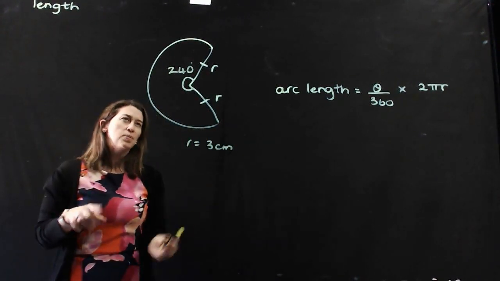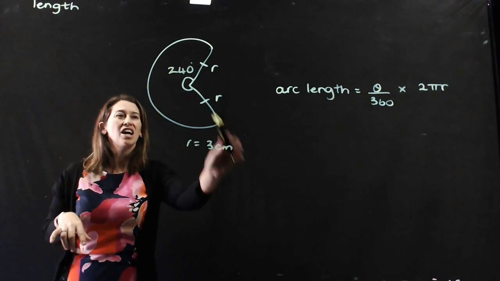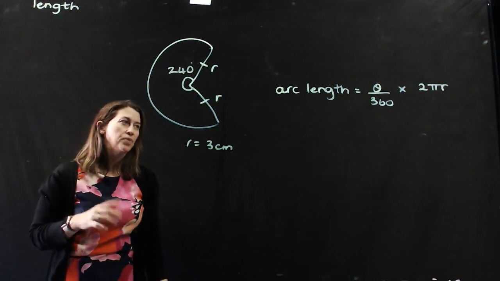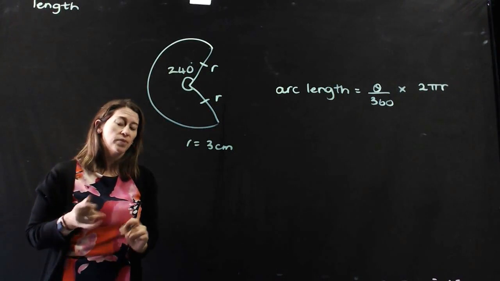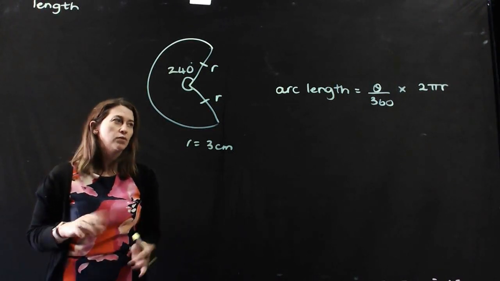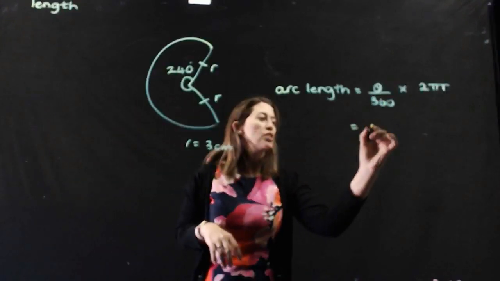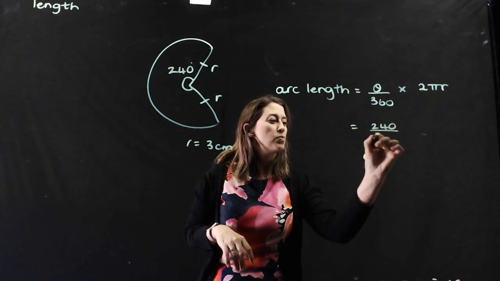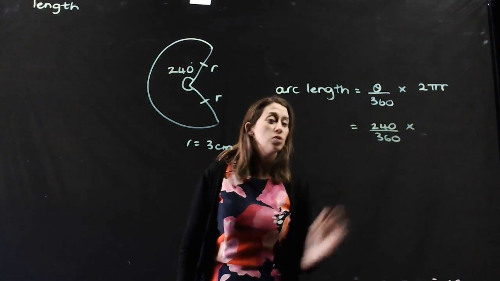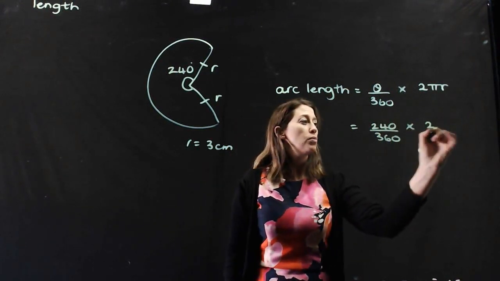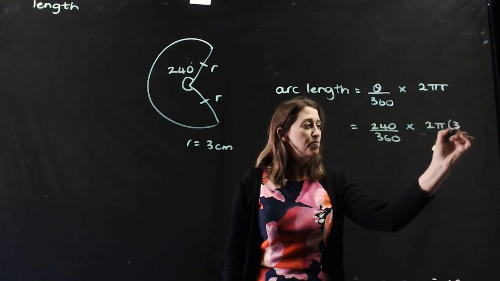To work out the perimeter, we need the arc length plus twice the radius. And we'll write that in exact form. That means we don't work it out with a calculator, we just leave it in terms of pi. So the arc length here is 240 divided by 360 multiplied by 2 pi times 3.